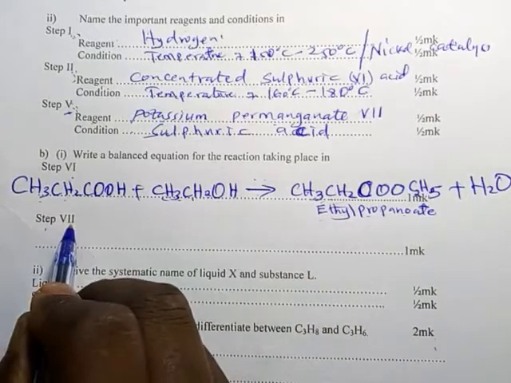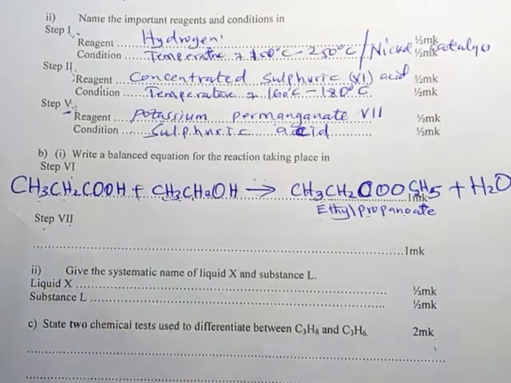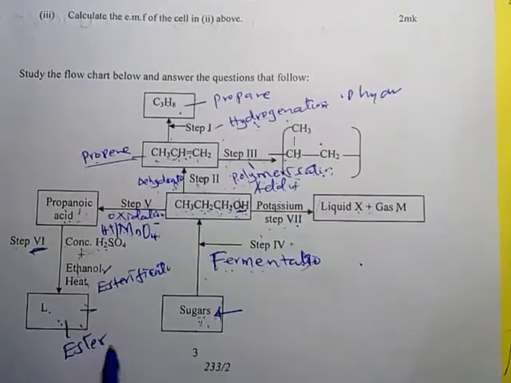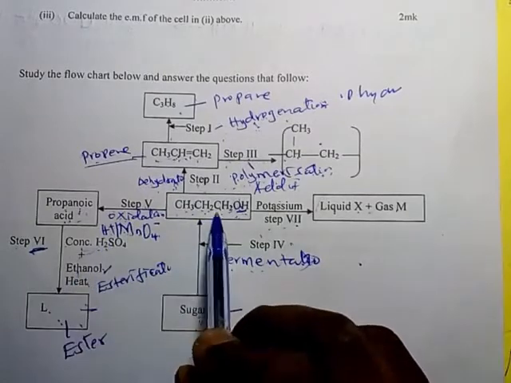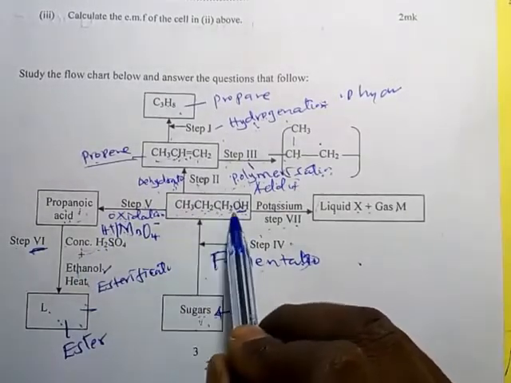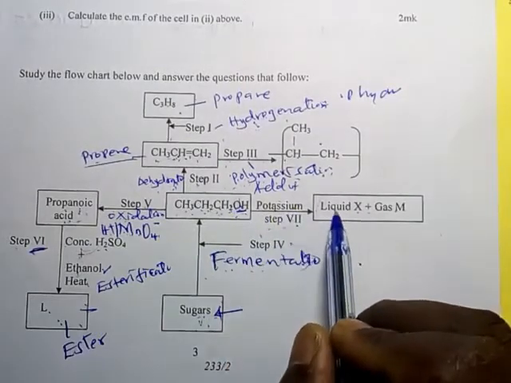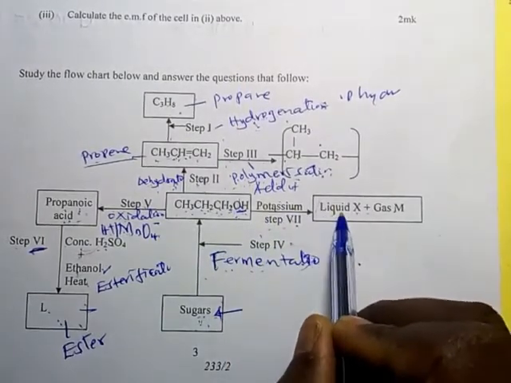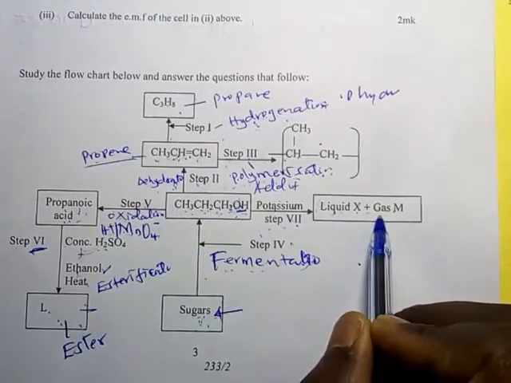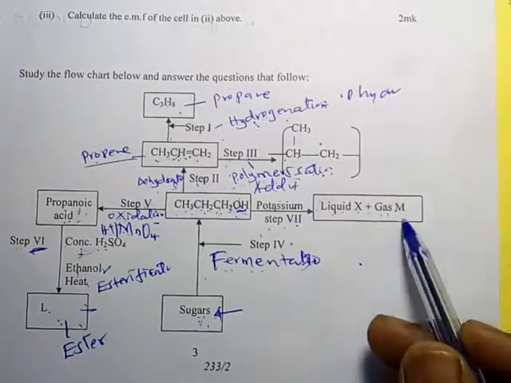Step 7, the reaction in step 7 is where propanol is reacting with potassium to form the organic salt plus hydrogen gas. Gas M is hydrogen.